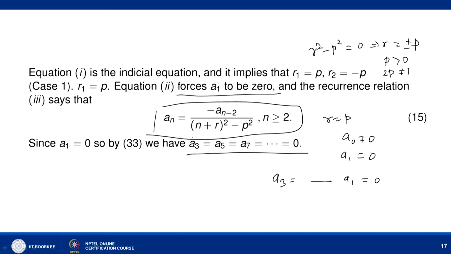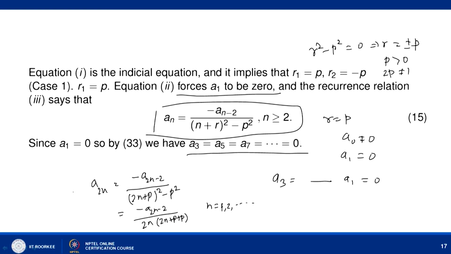So let me write it here: a of 2n is minus a of 2n minus 2 divided by (2n plus p) whole square minus p square, right. Or we can simplify this further: a of 2n minus 2, and here we can write 2n plus p minus p, so that is 2n into (2n plus p), and this is valid for n equal to 1, 2 and so on.